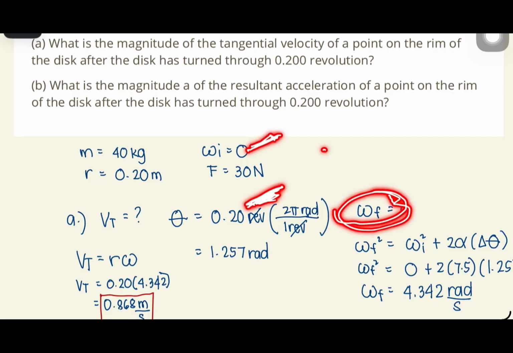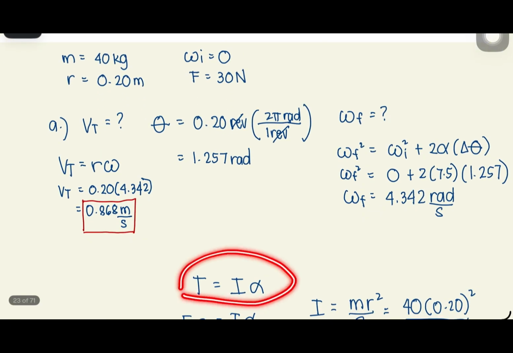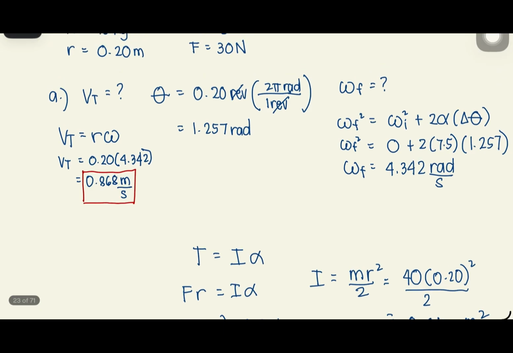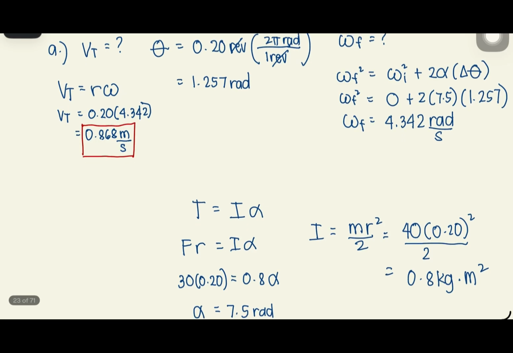So, pwede natin makuha yung isang unknown variable alpha using the Newton's second law for rotation. T is equal to I times alpha. Where yung T natin, pwede nating equate sa force times the distance from the axis of rotation. Yung I natin dito, since uniform disk siya, ito yung magiging equation mo. So, pareho lang siya ng 1/2 mr squared.